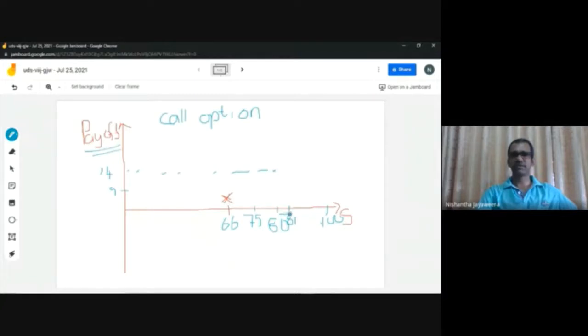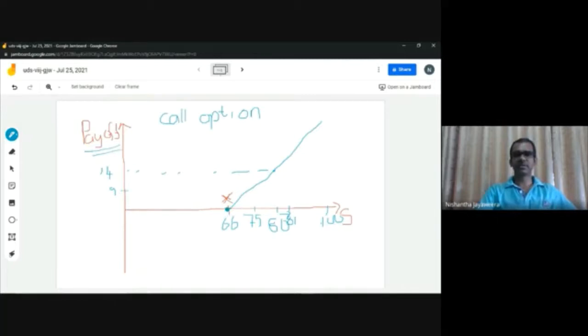For an increase of $1 in the underlying price, your payoff also increases by $1. So beyond this point, for each dollar the price increases, the payoff or the cash flow that you receive increases by $1. So therefore, it will be a straight line like this.